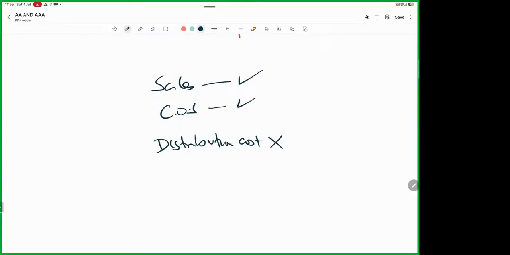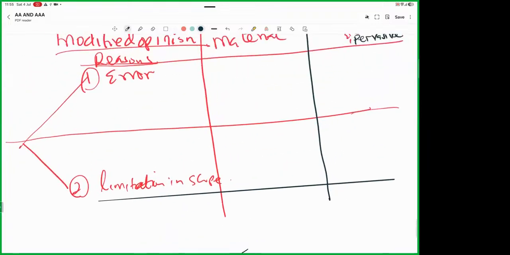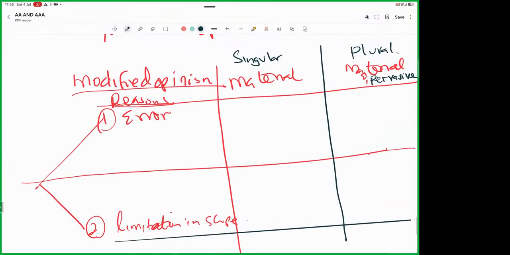So if it's a single item, then we shall be able to qualify it alone, bring it out alone. Whenever it is singular, a single error, please give a qualified except for opinion.